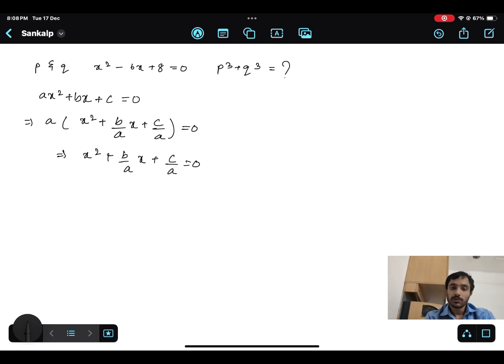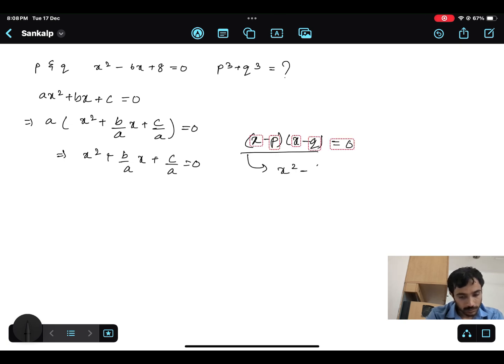Now any quadratic equation which has roots, consider p and q, can be written in the form of x minus p into x minus q equal to 0. Now this expression can be expanded as x square minus of p plus q x plus pq.